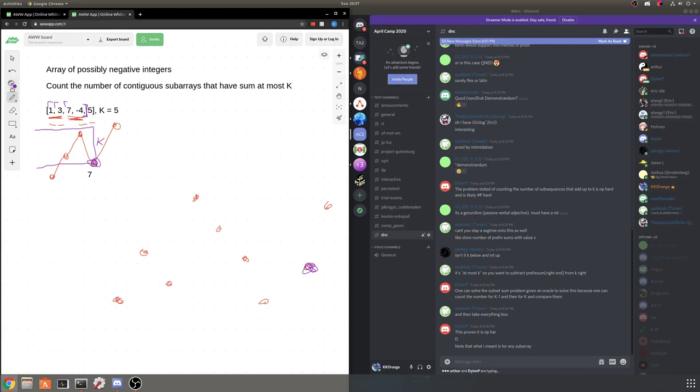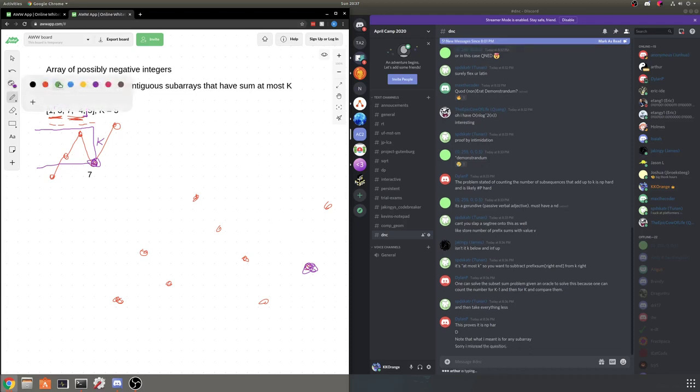So let's say that we're looking at the contiguous subarray from here to here. So this is kind of the end point. So the total sum of this segment would be this minus this. Oh, so it would be negative.